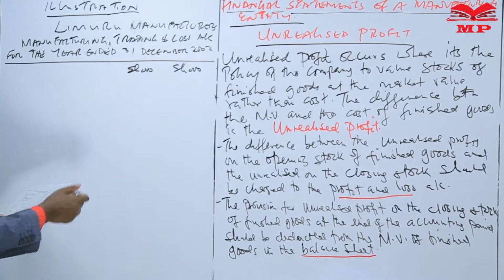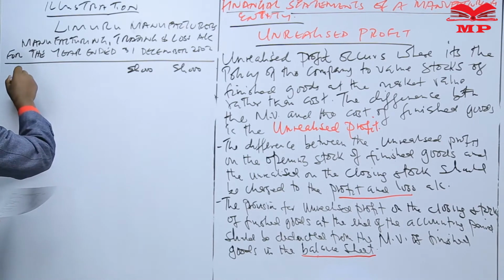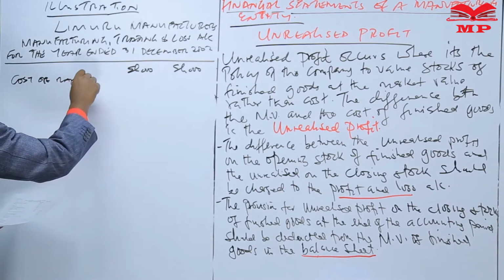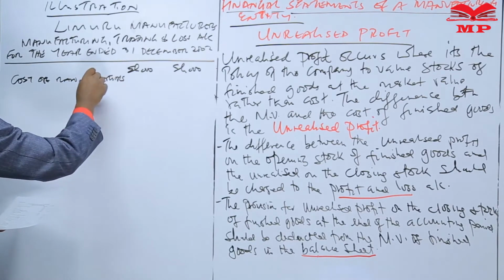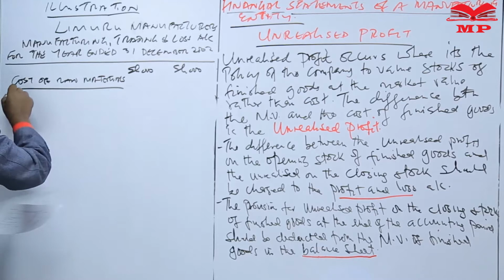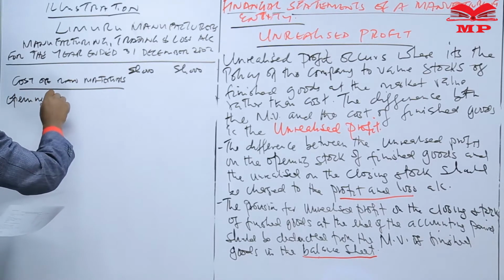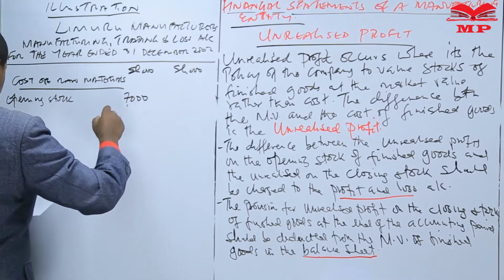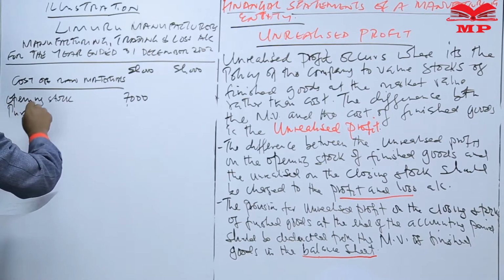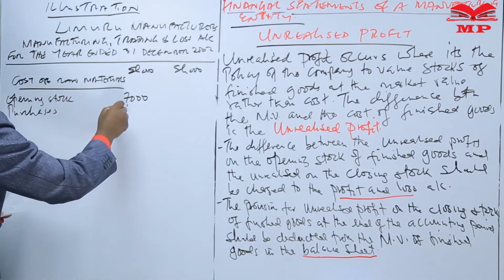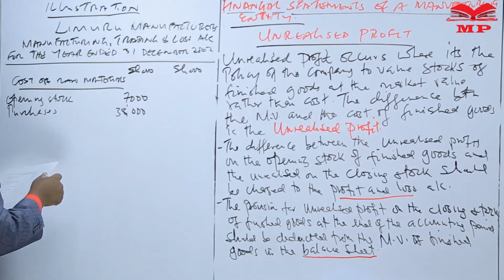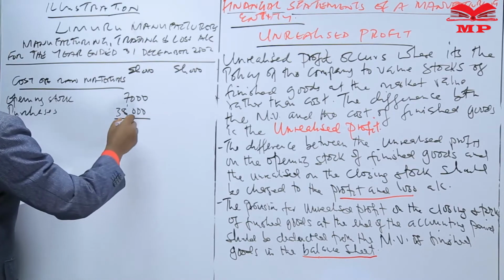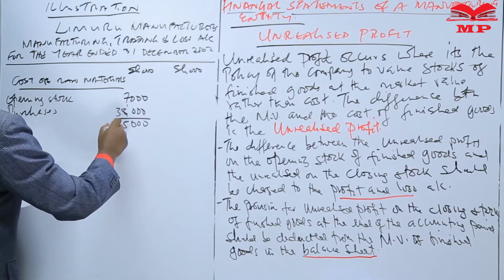Cost of raw materials, we have the opening stock of 7 million. We'll add purchases of raw materials of 38 million. Then we get 45.